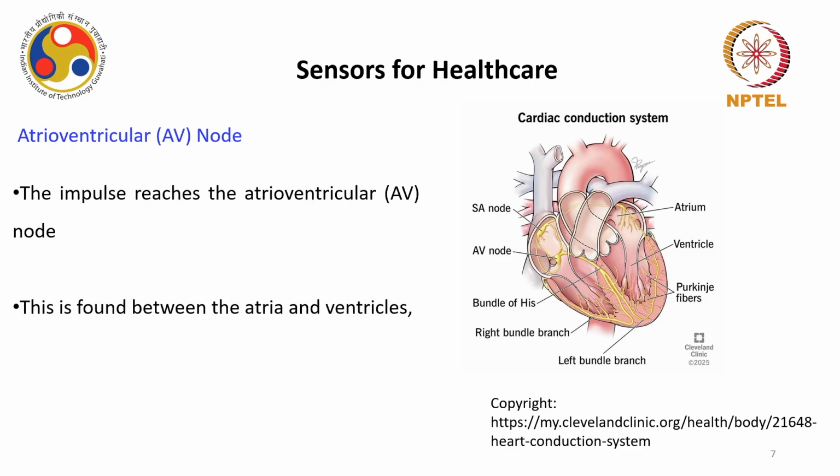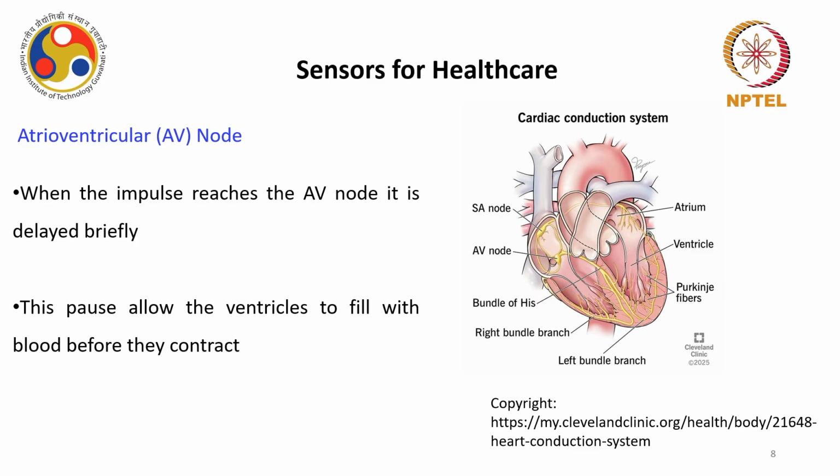In the series, we have another node, which is the AV node. The impulse which has started at the SA node reaches the AV node, and this AV node, if you see, is found between the atria and the ventricles, somewhere here.